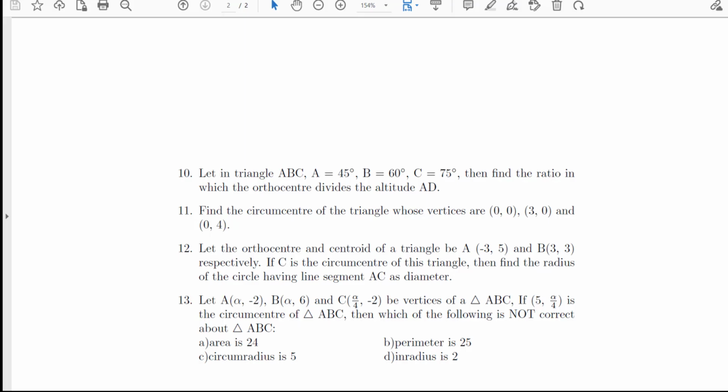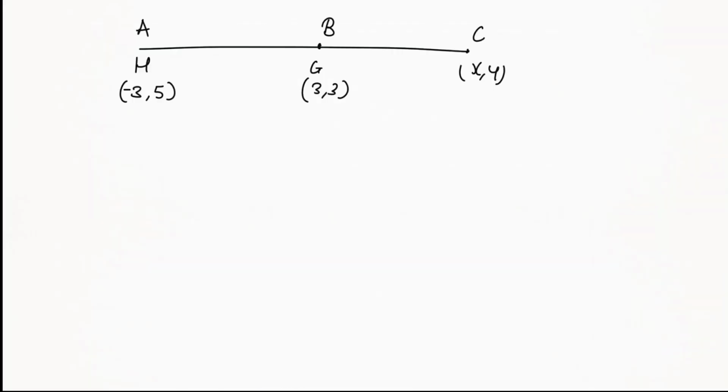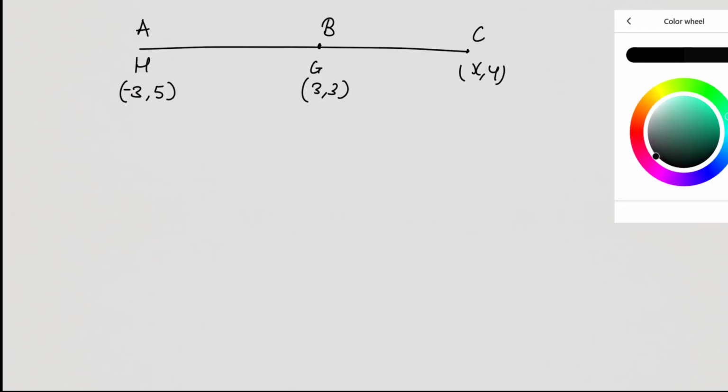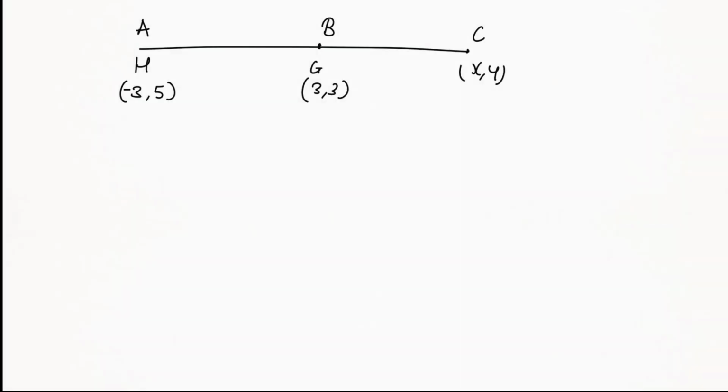A, that's basically your orthocenter, right? (-3, 5). B, the centroid, is also given, that is G, right? (3, 3). And the circumcenter we don't know, right? Let's write it as (x, y). It says, find the radius of the circle having line segment AC as diameter. You have to find the radius of this circle for which the diameter is AC.